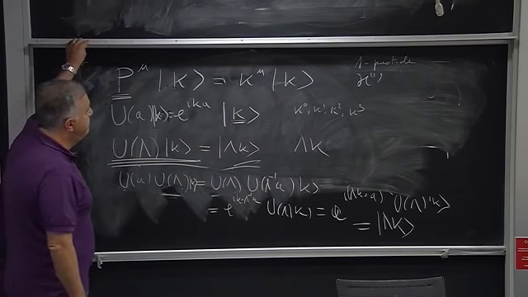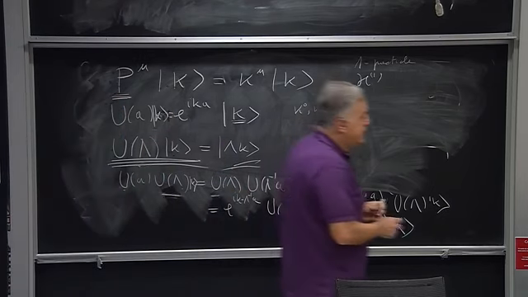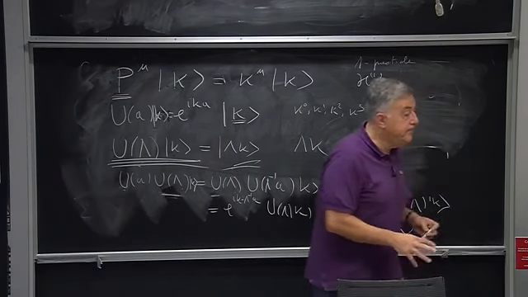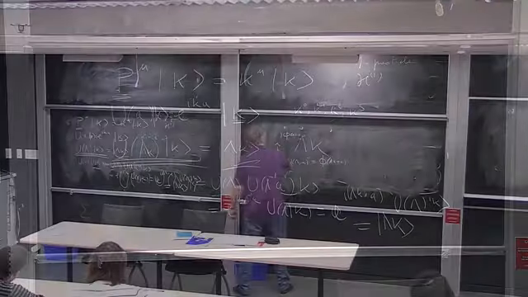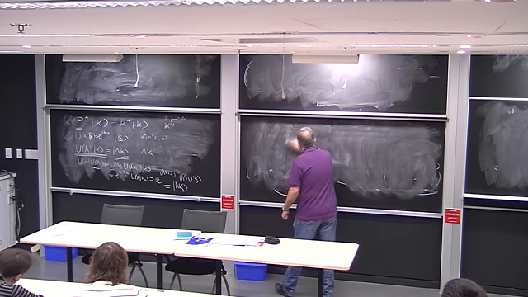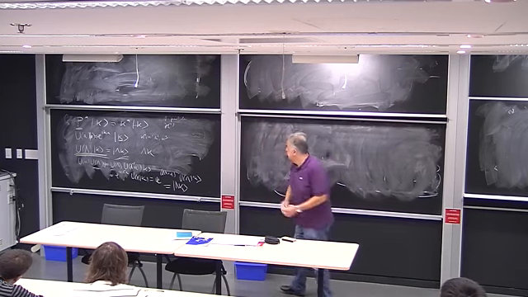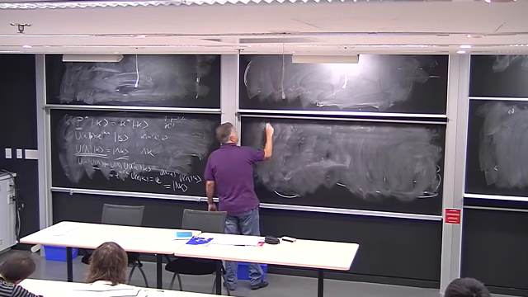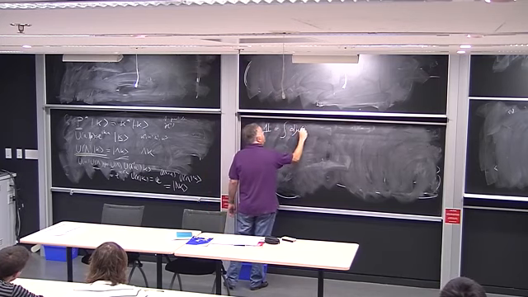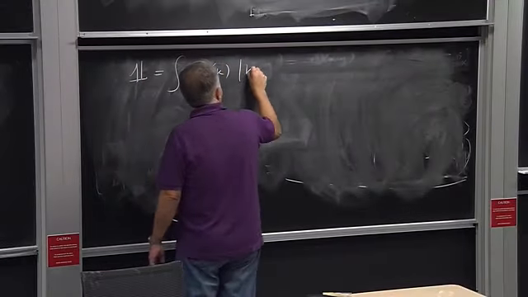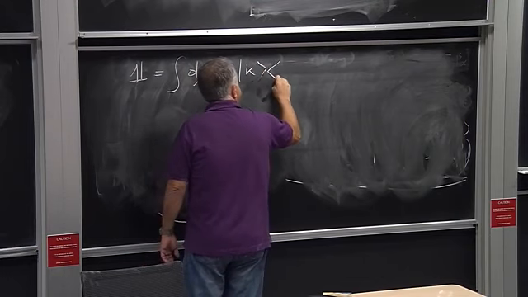Then you construct, since k is a basis, you can expand the identity operator in such a basis.